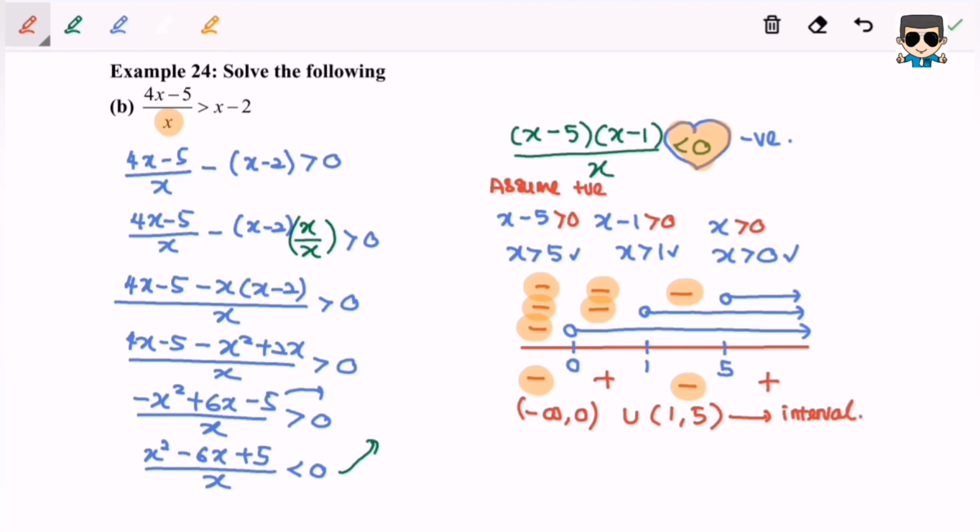If we want to express our answer in set notation, for all x value such that x is less than 0 or x will be greater than 1 and less than 5. So this is what we call the set notation.